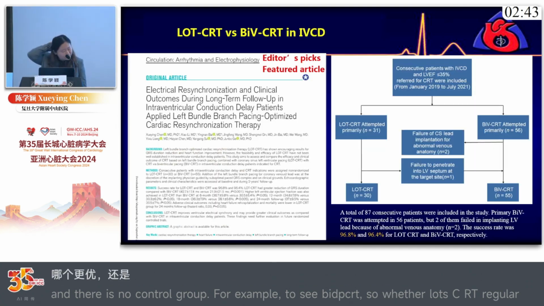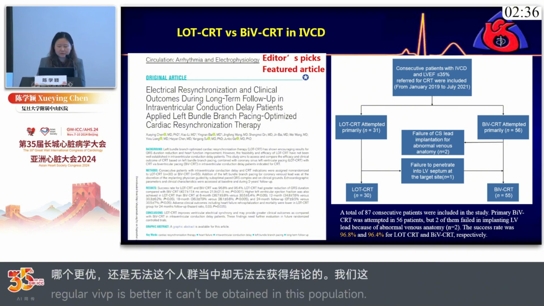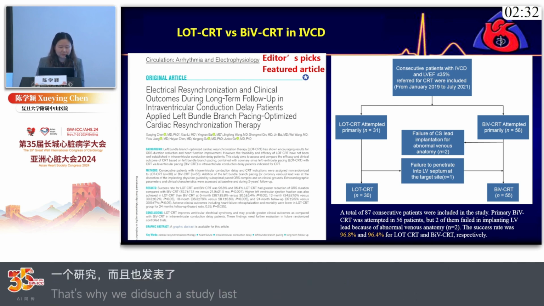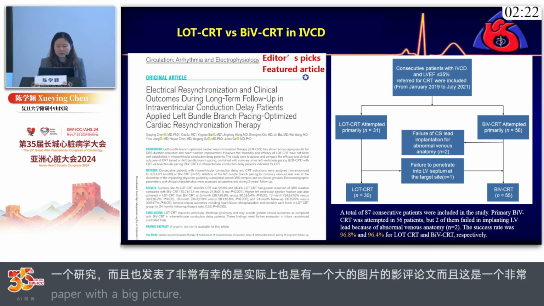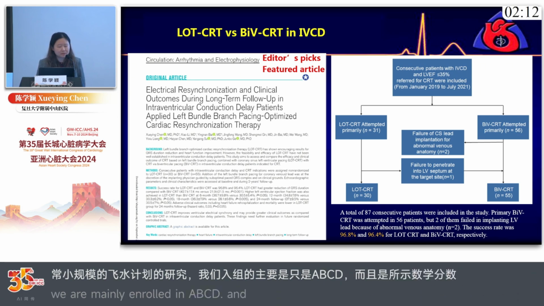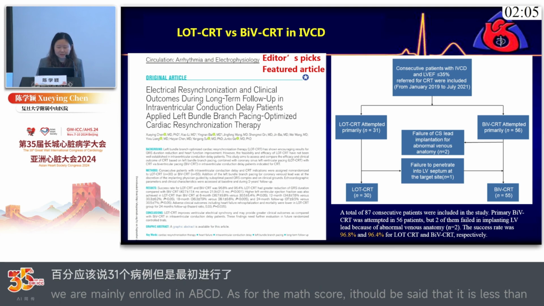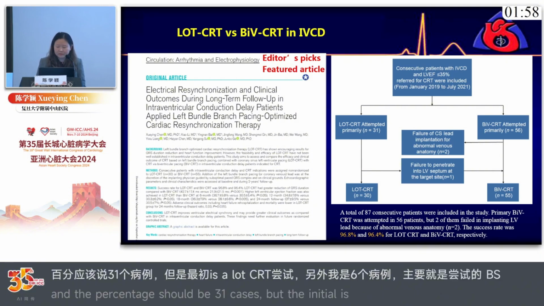So whether LoT-CRT or conventional BiVP CRT is superior, we still don't know, especially in these IVCD patients. That's why we conducted this study, published last year, and fortunately it was an editor's pick featured article. Though this is a small-scale, non-randomized study, we included only IVCD cases with LVEF less than 35%. 31 cases were primary attempt LoT-CRT, and another 56 cases were primary attempt BiVP CRT, depending on the physician's and the patient's will.